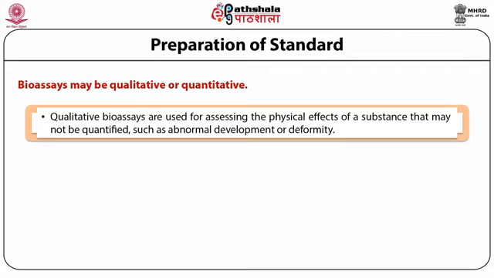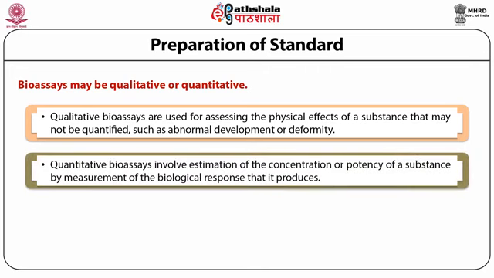Qualitative bioassays are used for assessing the physical effects of a substance that may not be quantified, such as abnormal development or deformity. Quantitative bioassays involve estimation of the concentration or potency of a substance by measurement of the biological response that it produces.